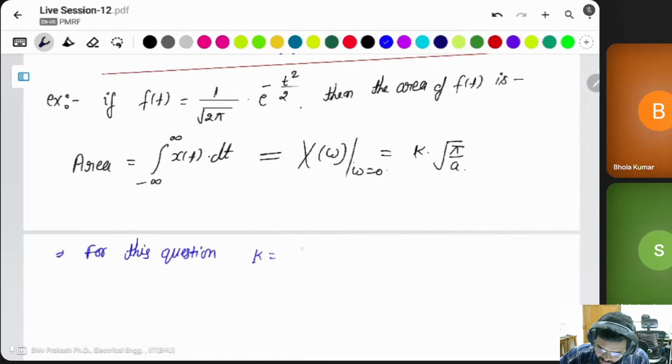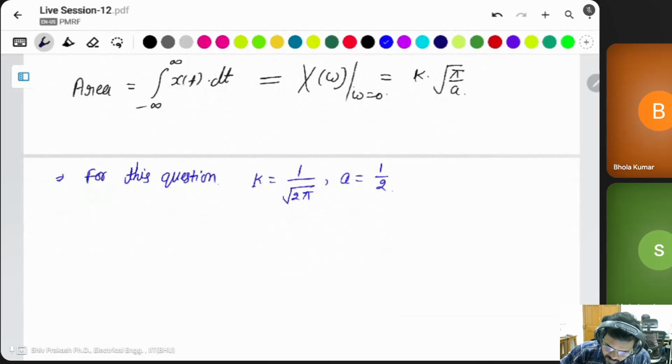Here k is equal to 1 by root of 2 pi and a is equal to 1 by 2. Then the area is equal to k into root of pi by a.